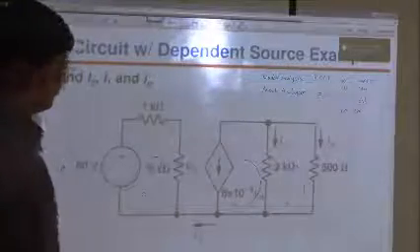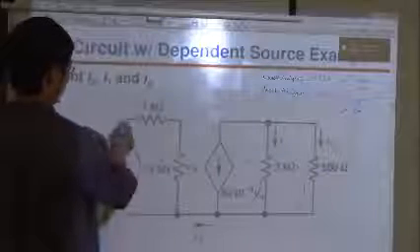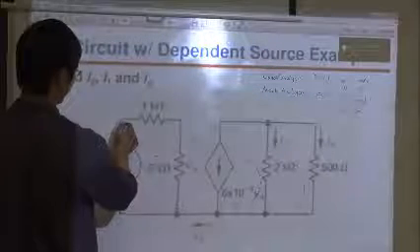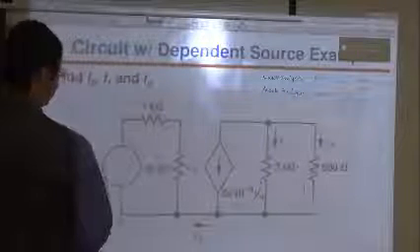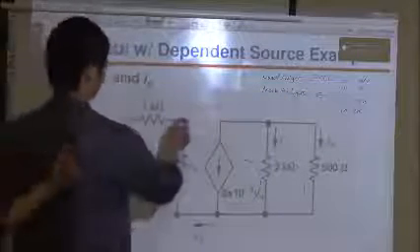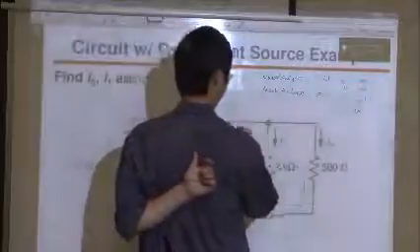So let's see how many nodes you have. You have this guy, 1 node, 2 node, 3 node, and you have this one, 4 node.